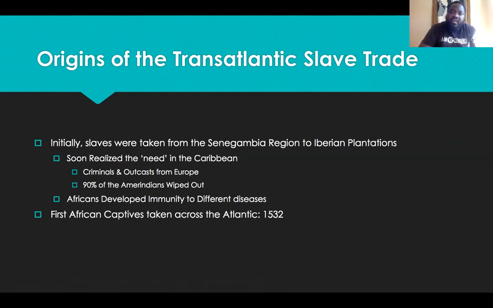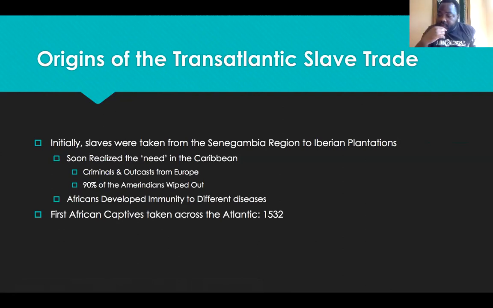Now, at the early part of the 16th century, the early 1500s, people were enslaved and taken from the Senegambia region into plantations in Iberia, right? Into plantations in Spain and Portugal.